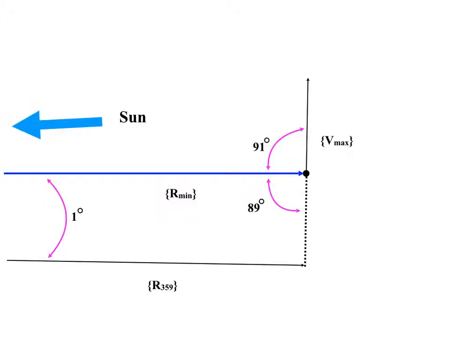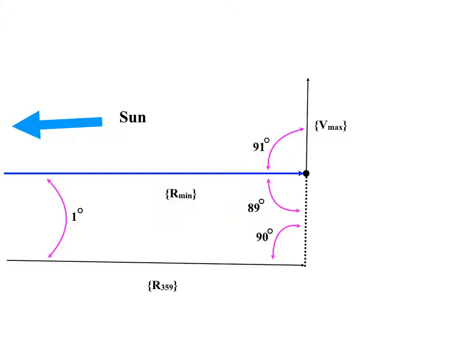What if the angle between Vmax and r min is greater than 90 degrees? Let's say 91 degrees. Okay, but if we extend the tail backwards over 1 degree of orbital angular trajectory, we again form a triangle.